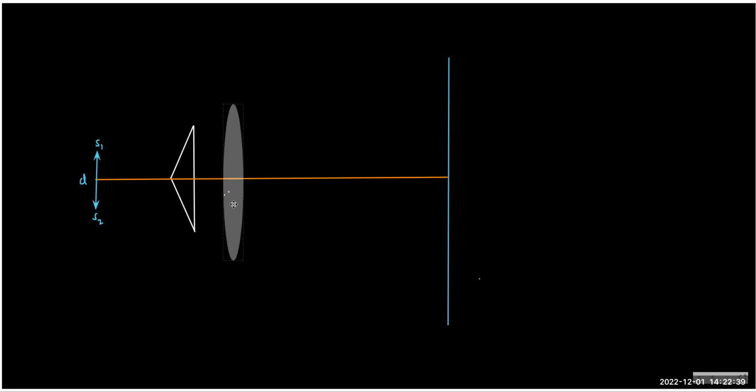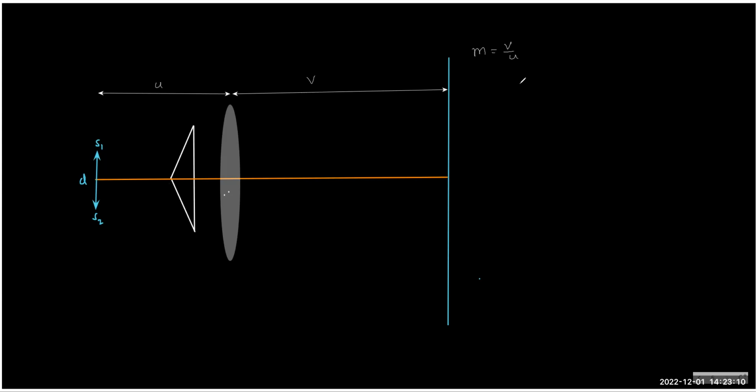So let's say this is the first position when you obtain the first sharp image, and this happens when the distance is some value. Let's call this u and this v, the object distance and the image distance. There is something called magnification of lens, which we write as v by u.